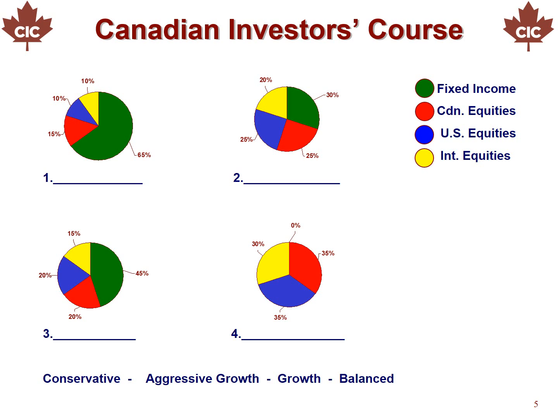So if you had to put labels, conservative, aggressive growth, or balanced, for each of the pie charts, try it for yourself, and we'll come back to this a little later.